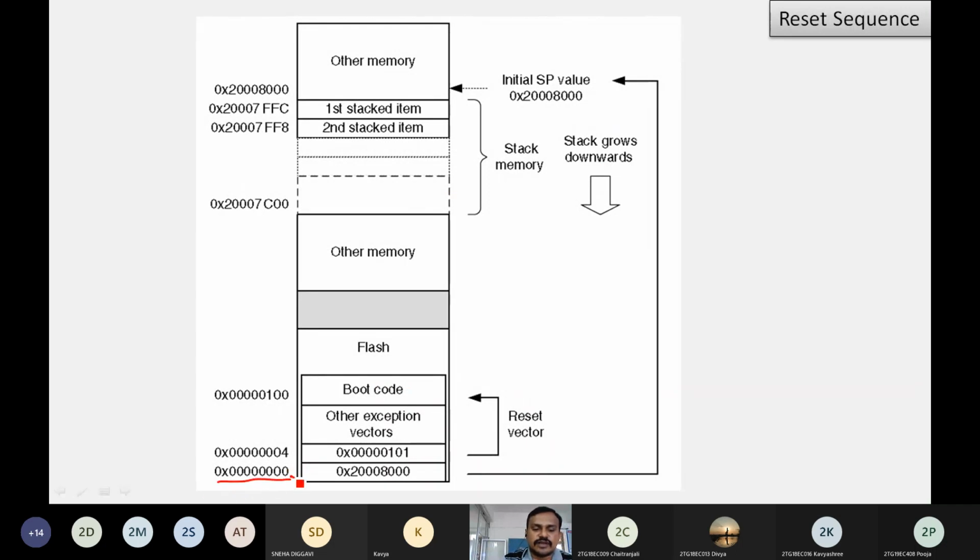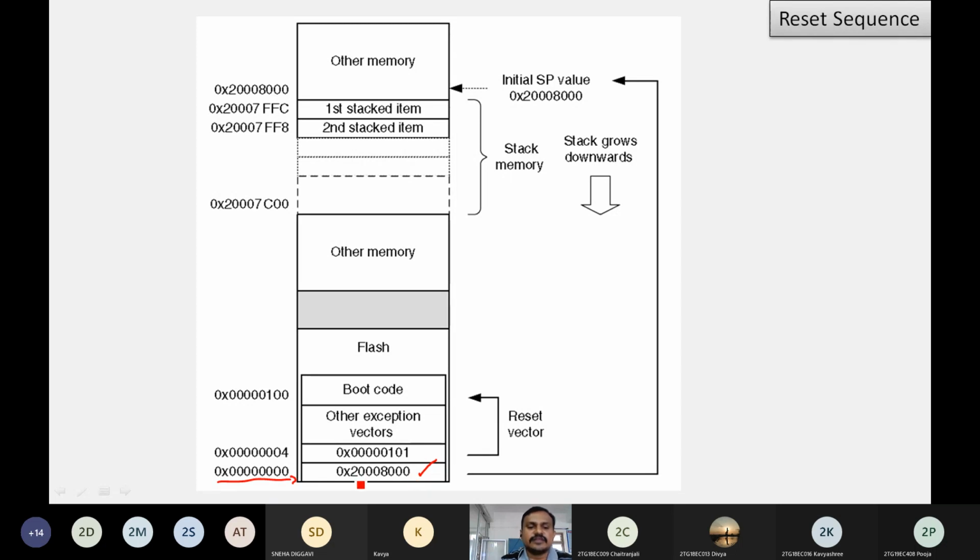Which address is it? The 0th address. In the 0th address, some value is mentioned. These are the default values. So here the address for the stack pointer, where it starts in memory, is kept at memory address 00.